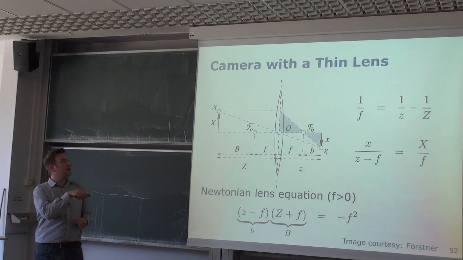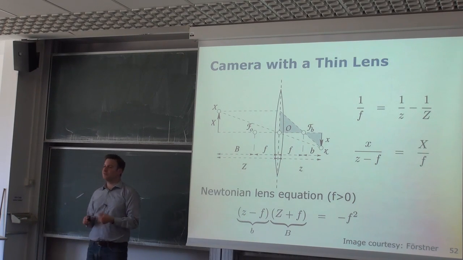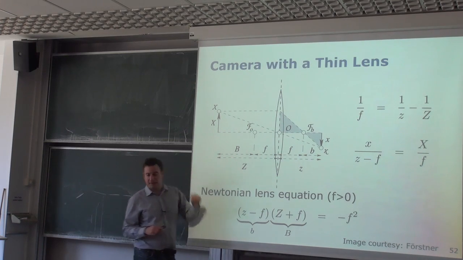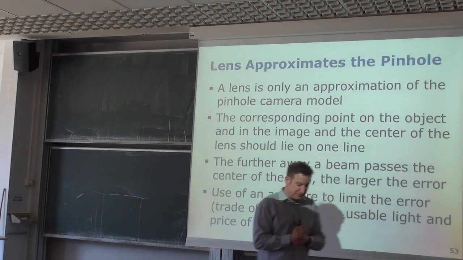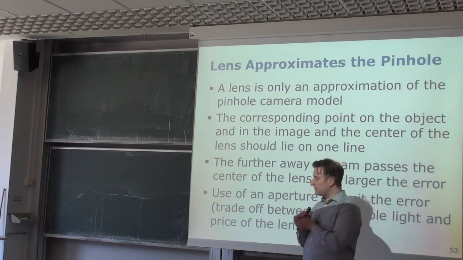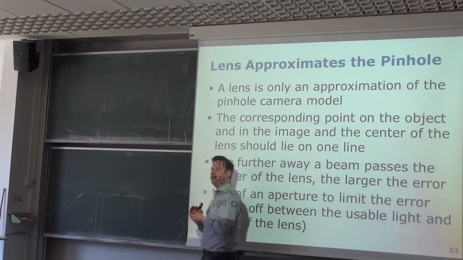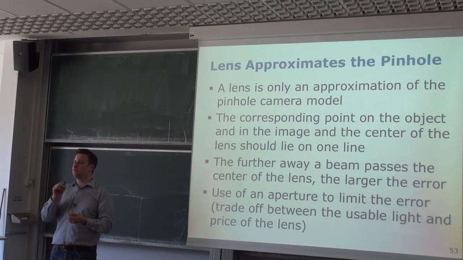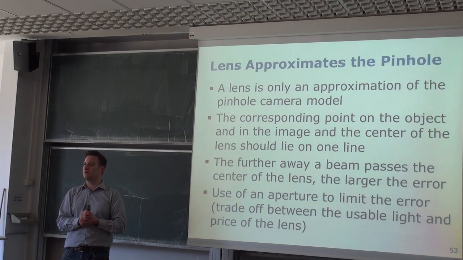Of course, this thin lens is just an approximation of the pinhole. So you can see that using thin lenses is an approximation of the pinhole, but it's definitely not a perfect pinhole. It's the fix for the problem that we don't have enough light in order to use a real pinhole model.